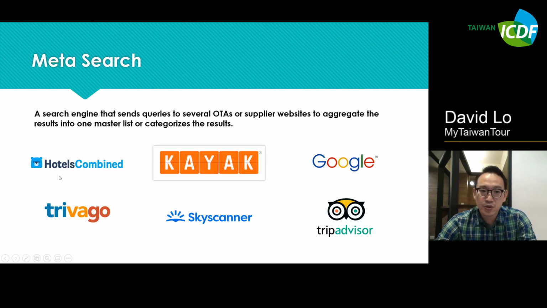Once you go on to Hotels Combined, you type in, for example, Taipei or somewhere, and it will generate all the information for this hotel and compare all the prices on OTAs. Same as the flights for Kayak. Of course, Google are doing it as well, also Trivago or Skyscanner, even TripAdvisor.